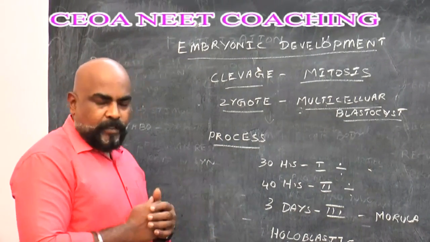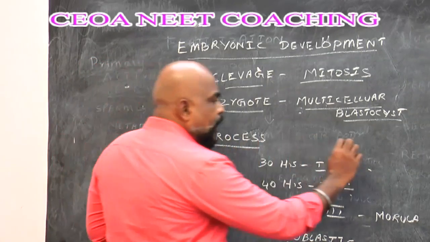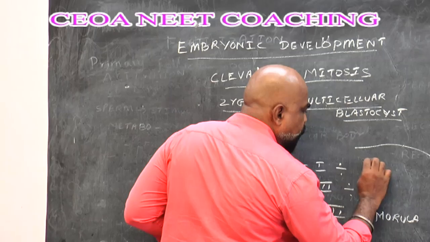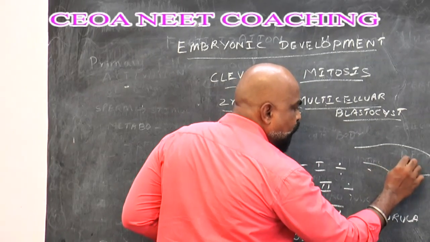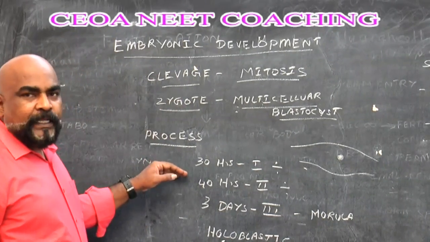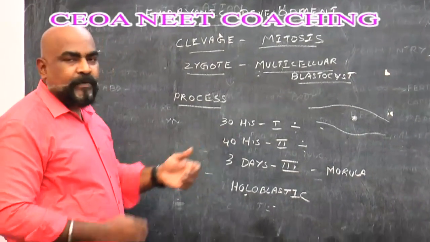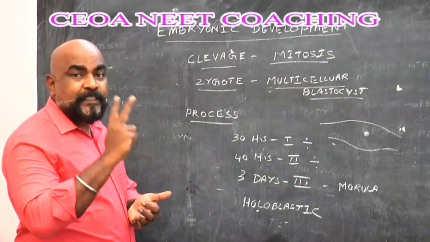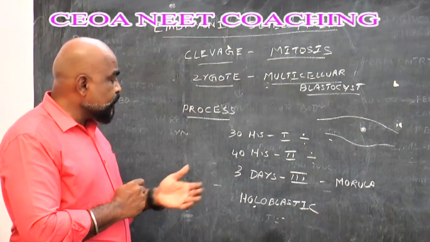It is a series of mitotic divisions which will convert a single-cell zygote into a multicellular blastocyst. Now let us see the process involved in this. In the fallopian tube, in the ampulla, the zygote is formed. After the formation of the zygote, the first division happens after 30 hours and it results in two cells, which are called the blastomeres.